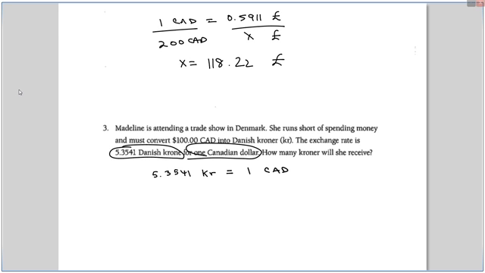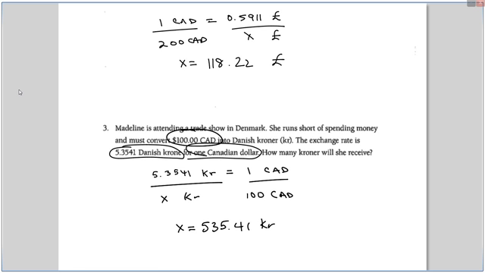So that's from that sentence: 5.35 kroner for 1 Canadian dollar. How many kroner would she receive for 100 Canadian? Very similar. Cross multiply 5.3541 times 100: 535.41 kroner.